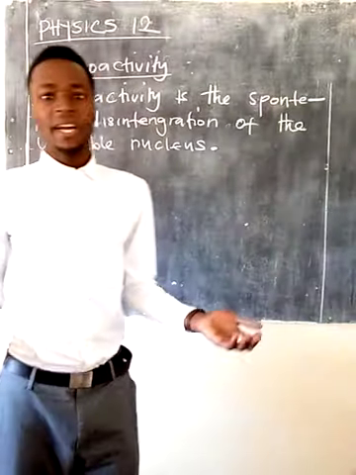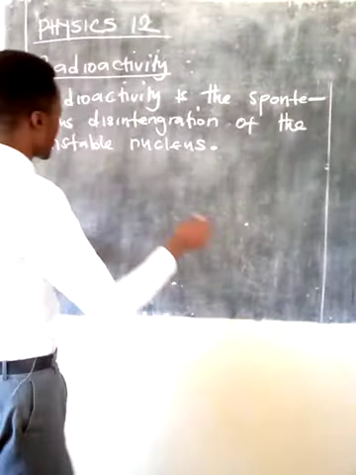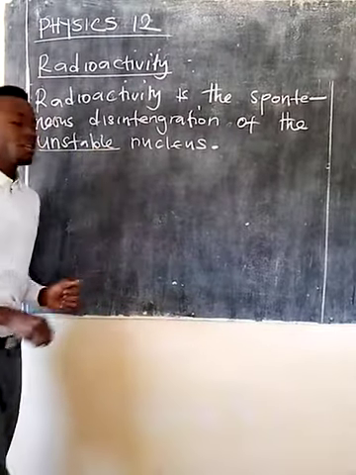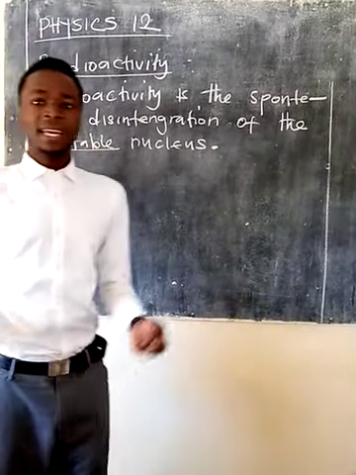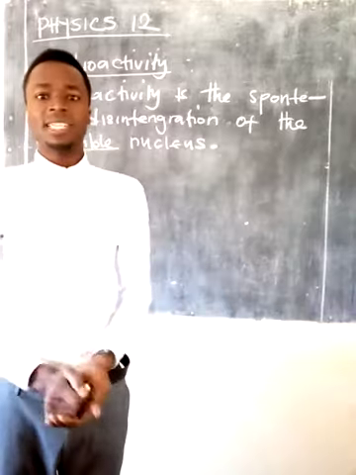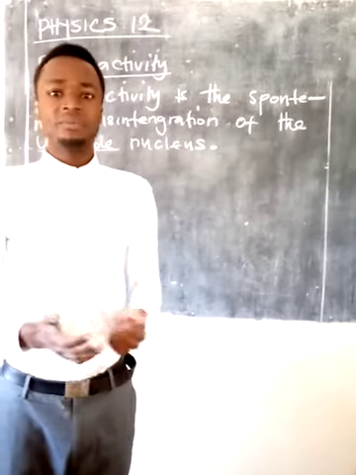So that's the way we can define radioactivity. It means you're talking about atoms being unstable. That's when they can decay. The reason why they are decaying is so that they can attain stability.